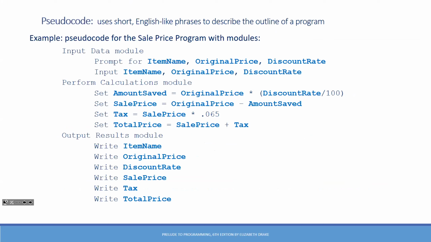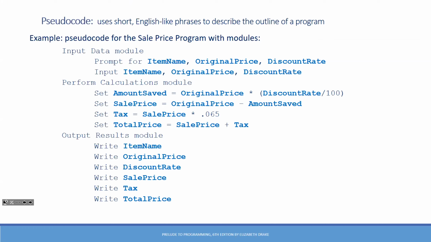And then we're going to have an output module. So our input is going to prompt for things and then input them. Our calculations module is going to set all our different variables to the math formula that was specified. And then our output is just going to write out our data.